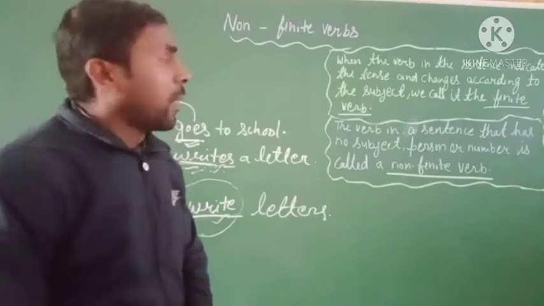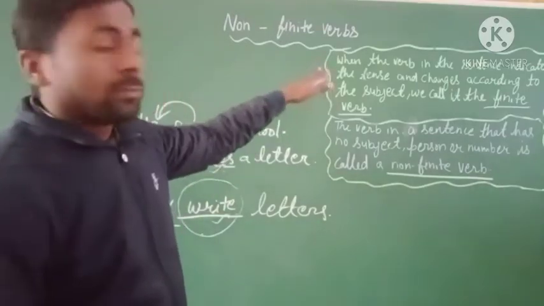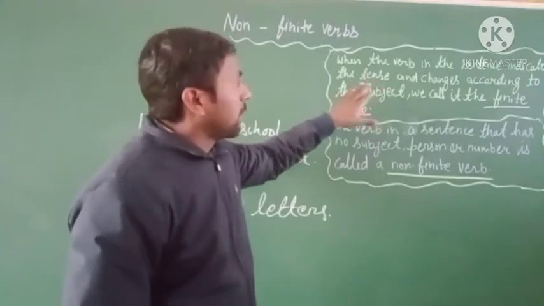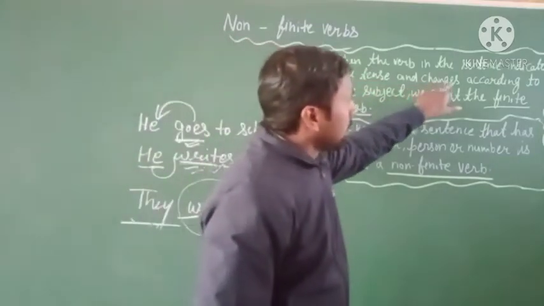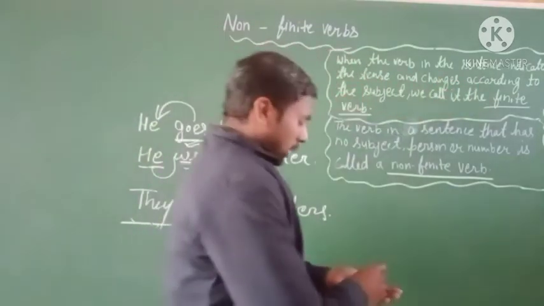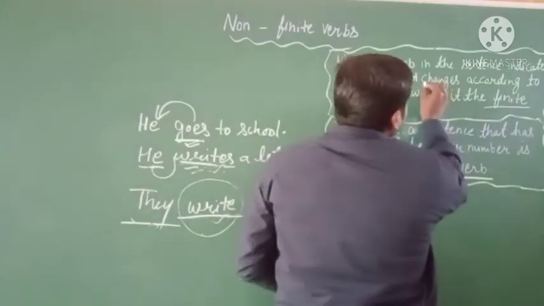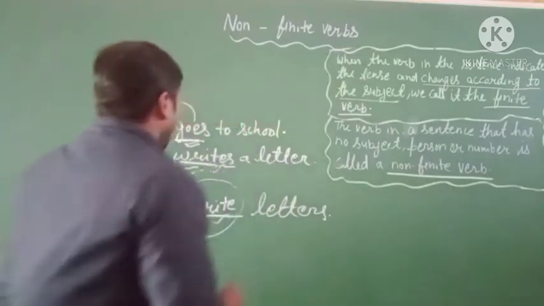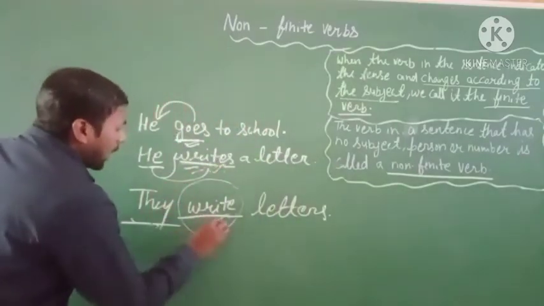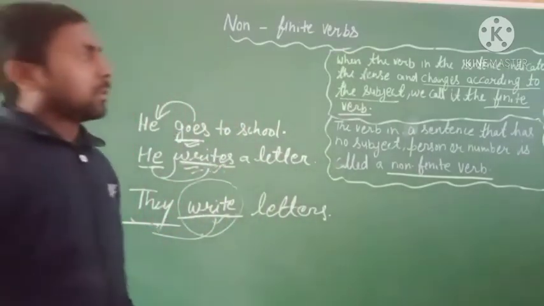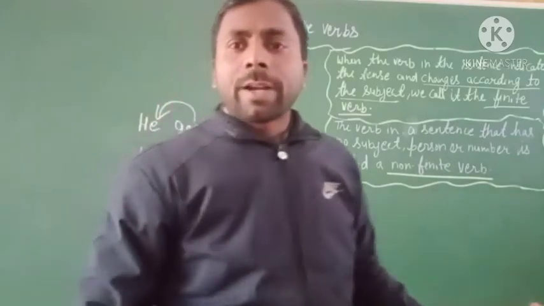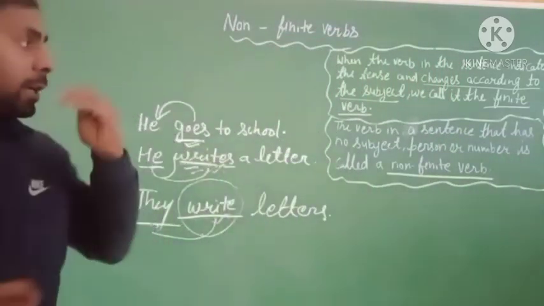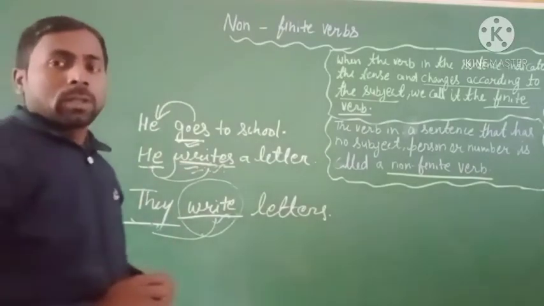It is the finite verb, same as given in the definition: change according to the subject. So here the verb changes according to the subject. Okay, it is the finite verb. That's clear. Now next we talk about the non-finite verb.